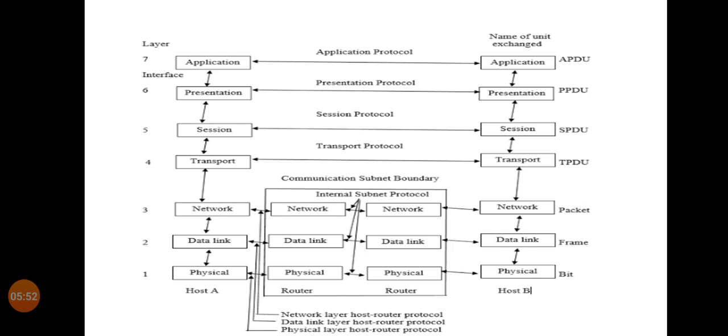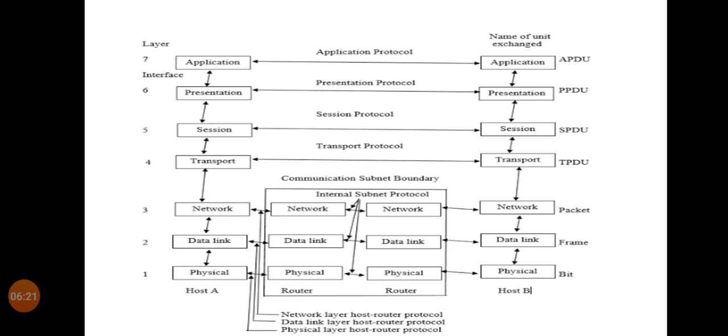Then come to the units they use to exchange. At the side of the physical layer you can see bit, then frame, packet, TPDU, SPDU, PPDU, APDU. These are the forms of data that are transmitted in the respective layers.